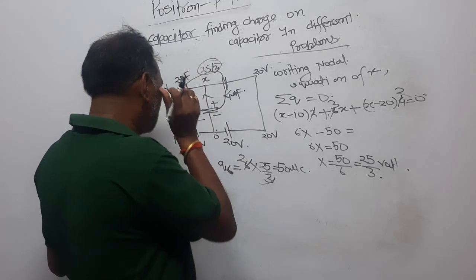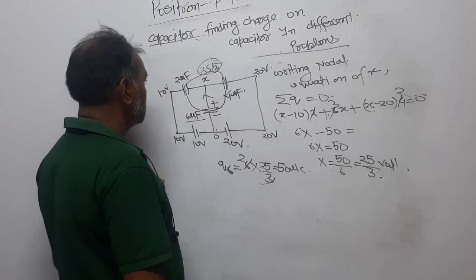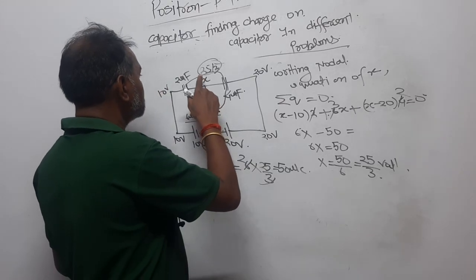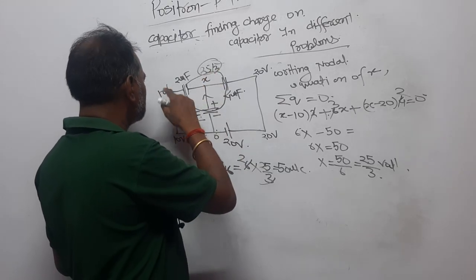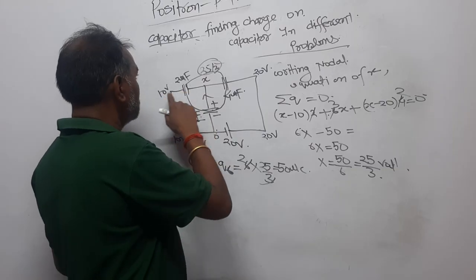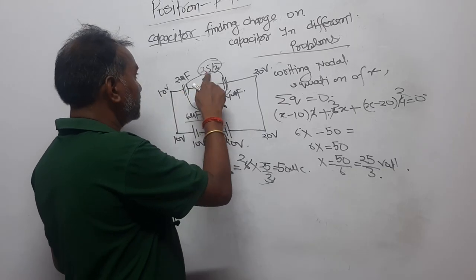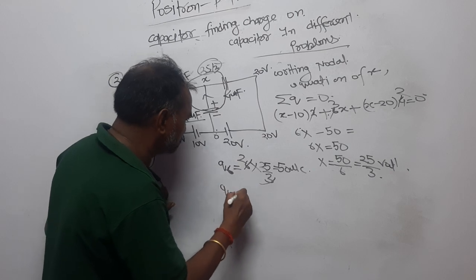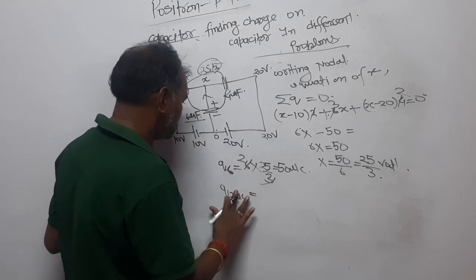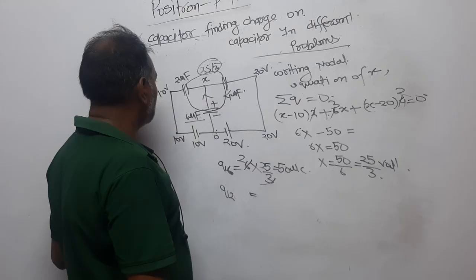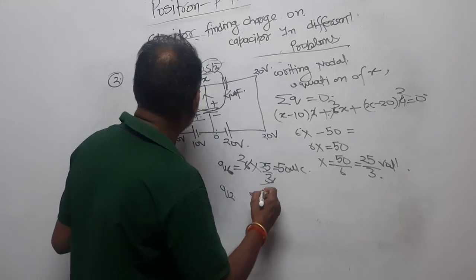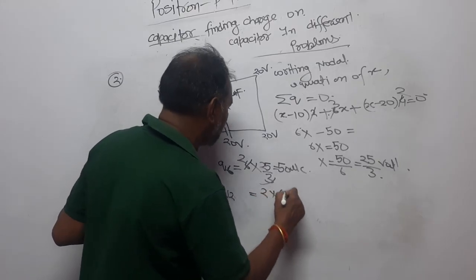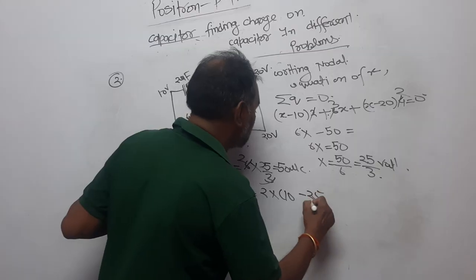Now again look, this is 25 by 3, this is 10 volt, right? So 10 is greater than this, so charge on the 2 microfarad, Q2, will be C into 10 minus 25 by 3, that is 2 into (30 minus 25) by 3.